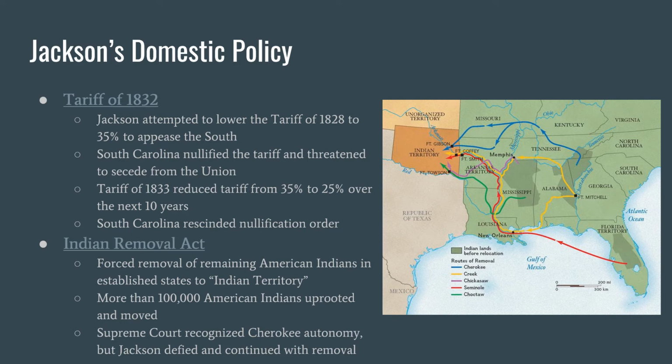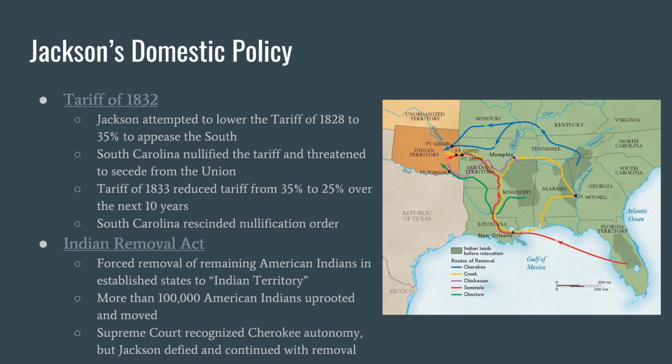So again, tariffs have played a really big role in the U.S. economy since James Madison, and Andrew Jackson wanted to lower the tariff, not get rid of the tariff, but at least lower the tariff of abominations, the tariff of 1828, to appease the South. He recognized that the South was upset and wanted to reduce that tariff.